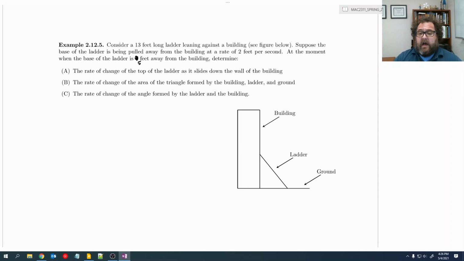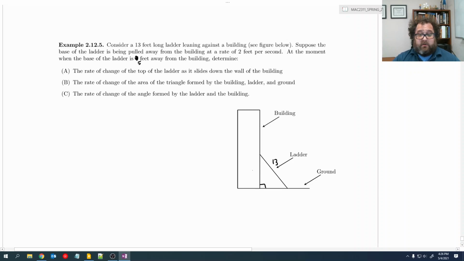Okay, so what do we know? Well, we know that the ladder's 13 feet long. That's not changing. The length of the ladder is not changing as it falls down. So I guess we can go ahead and label this side of the triangle 13. It probably wouldn't be a bad idea to label, because we are considering this triangle formed here.